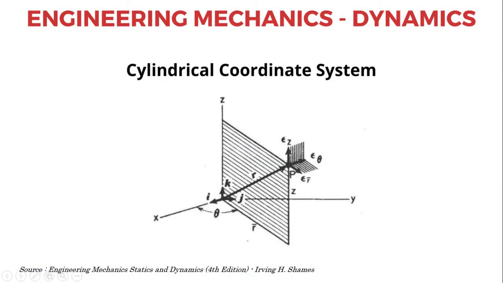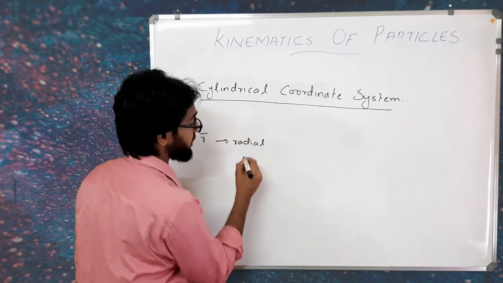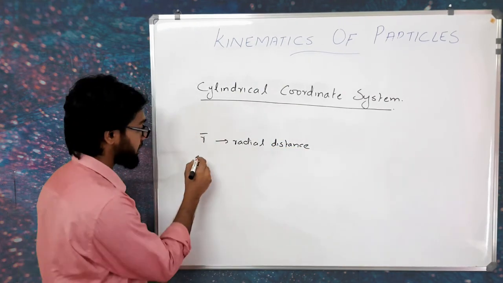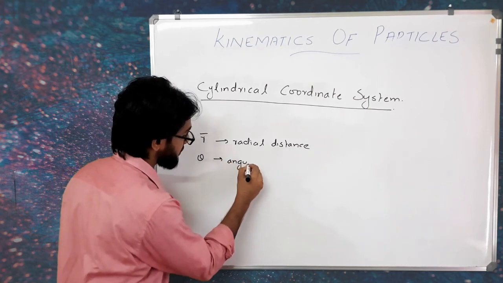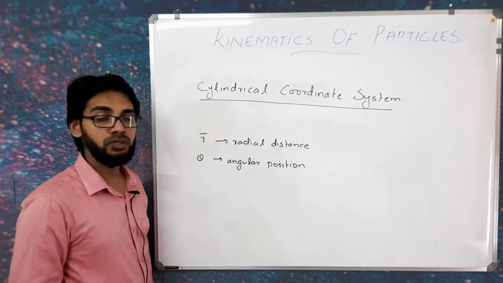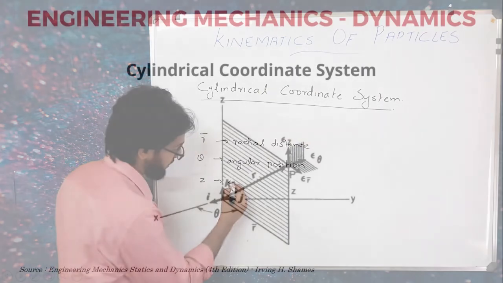Here the polar axis is along the x-axis of the Cartesian coordinate system, and the position of a particle is represented by the coordinates r', theta and z, where r' is called the radial distance, theta is the angular position, which is measured with respect to the reference plane, and z is the altitude.